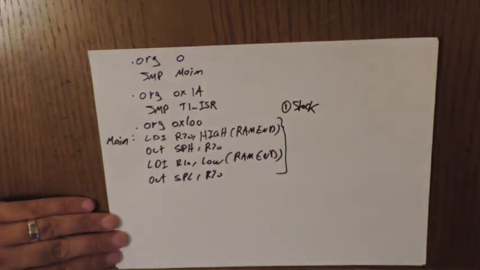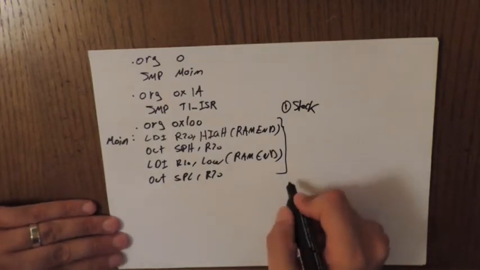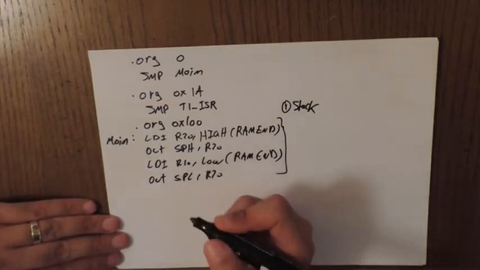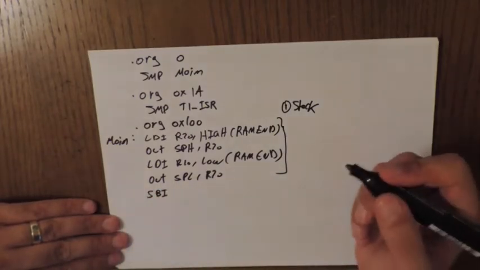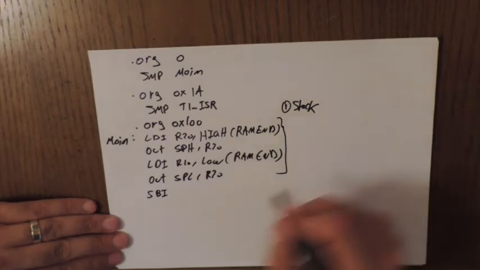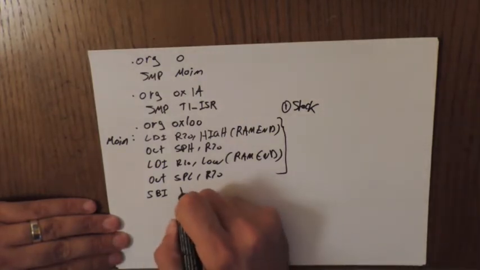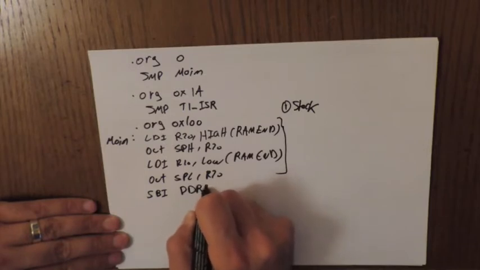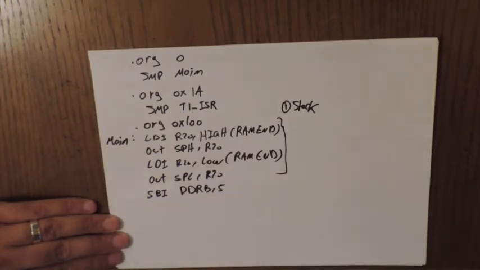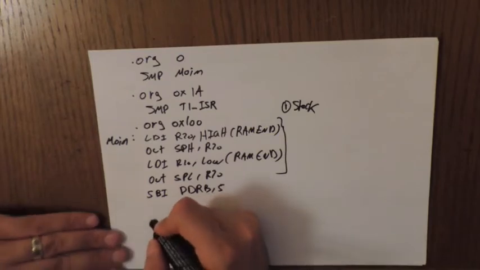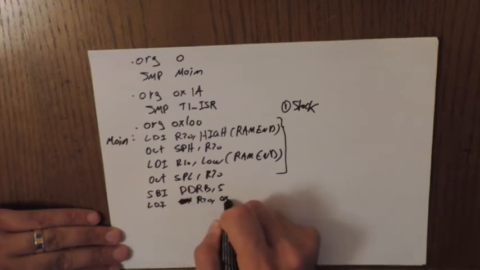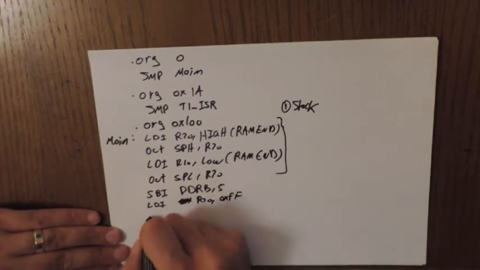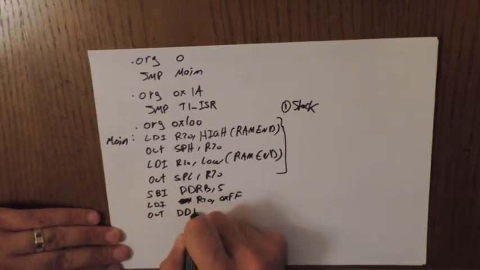Step number 2 is that I need to set up my IOs. So first I need to say SBI DDRB, 5, to set port B pin 5 as output. Then LDI R20, 0xFF, out DDRD.